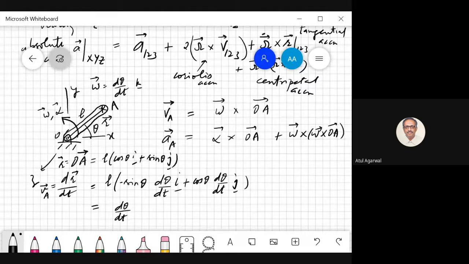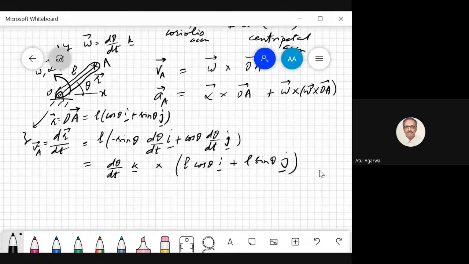So d theta by dt k cross, you take this cross product: k cross i is j, you get L cos theta d theta j, k cross j is minus i, so you get minus L sin theta d theta by dt i. So you see, we have got the same results.